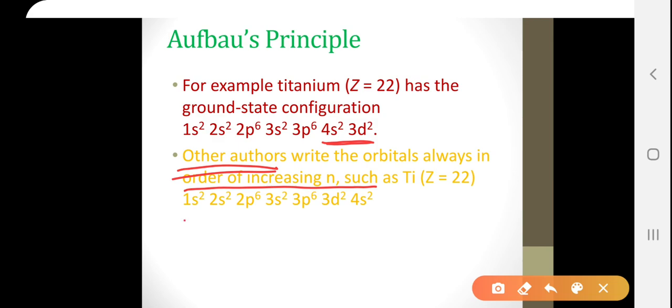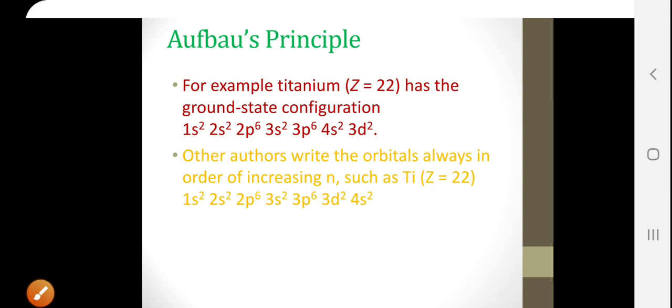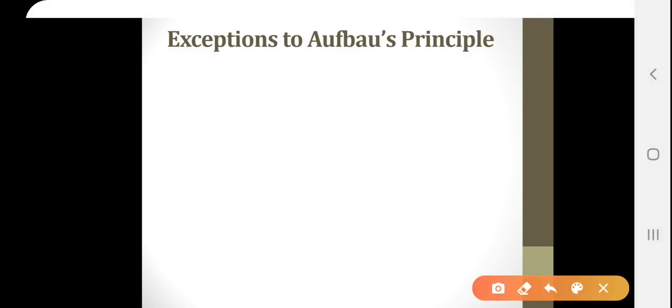So 1s, 2s, 2p, 3s, 3p, 3d, and 4s, 4p, 4d. Like this the author will write the electronic configuration. So we can say it is an exception, or a limitation of the principle.